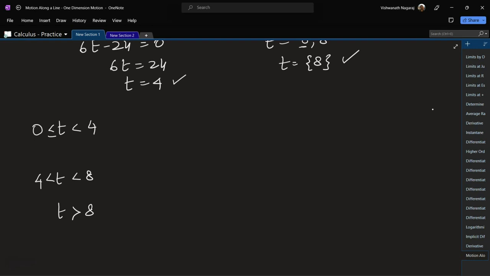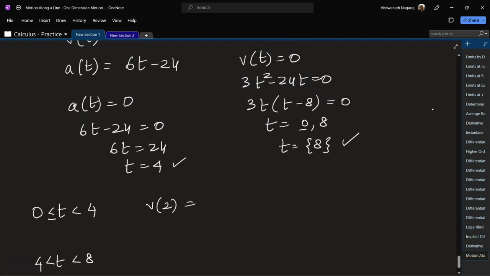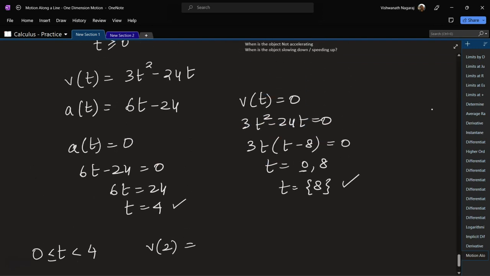So let's see what is happening to velocity when the time is in between 0 and 4. So let's take it as v of 2. We could have taken v of 1 also, but let's say v of 2. That would give us 3 times 4, that is 12, minus 24 times 2, that is 48, which gives us minus 36. Okay.